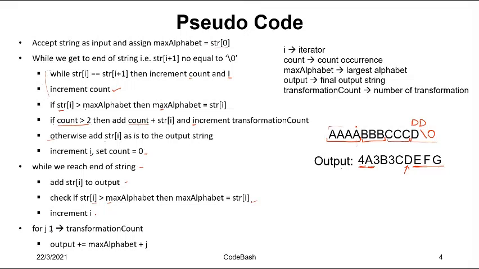And so we will go from 1 to transformation count, which is 3 over here, inclusive, and we would basically take the max element and add 1, 2, 3 and so on till we reach our transformation count to get our final output, and we would just append it or concatenate it with our output. So yeah, this was the solution for the whole thing revised.